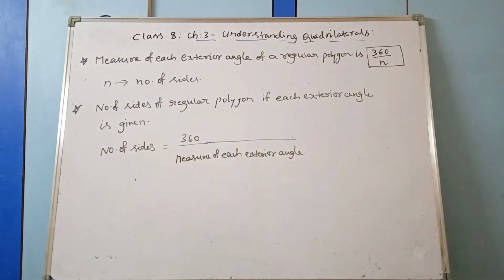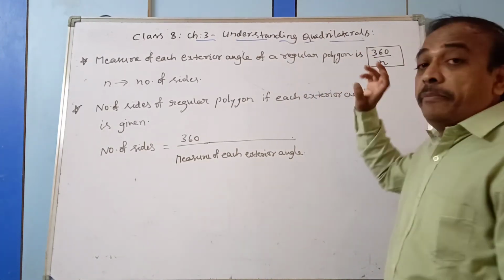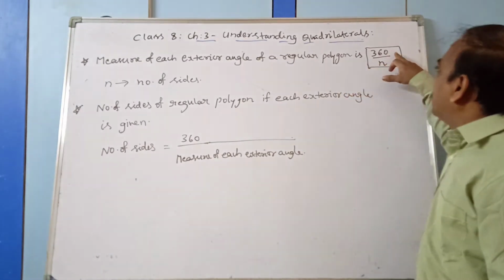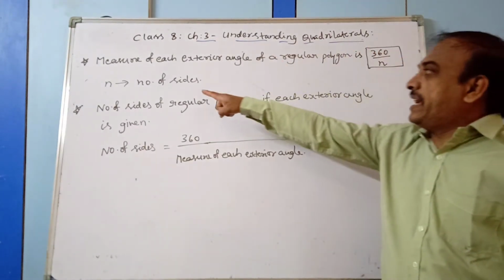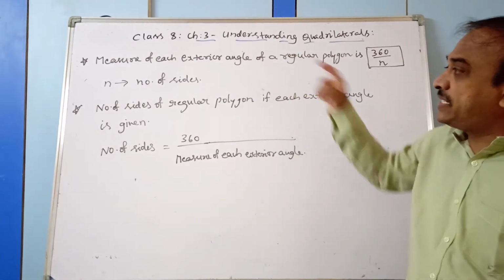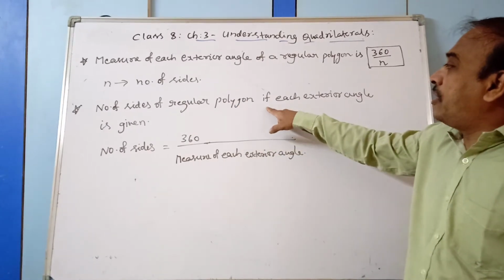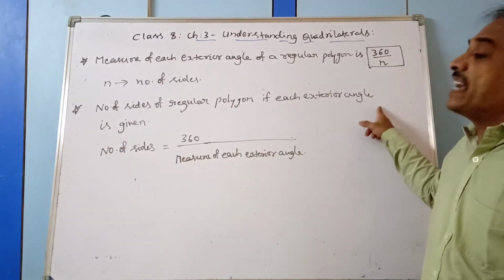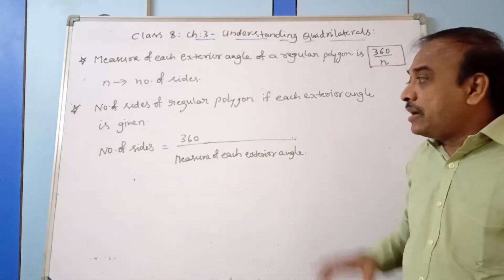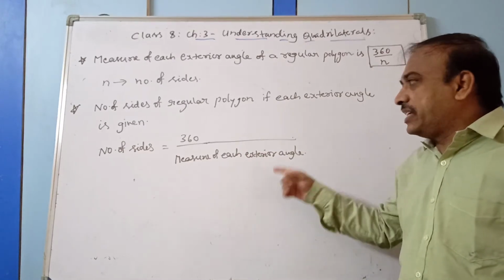Now we see the measure of each exterior angle of a regular polygon. Measure of each exterior angle of a regular polygon is 360 by n, where n is the number of sides of that polygon. Then the number of sides of a regular polygon, if each exterior angle is given, is 360 by the measure of each exterior angle.